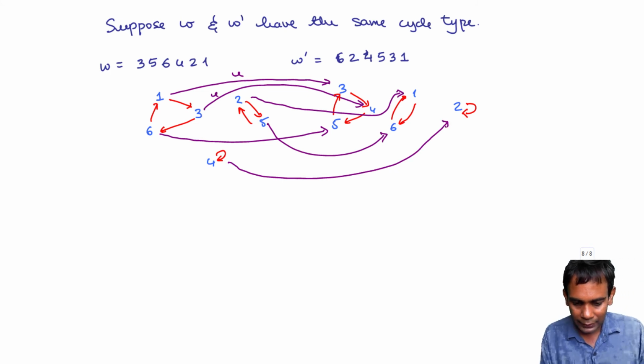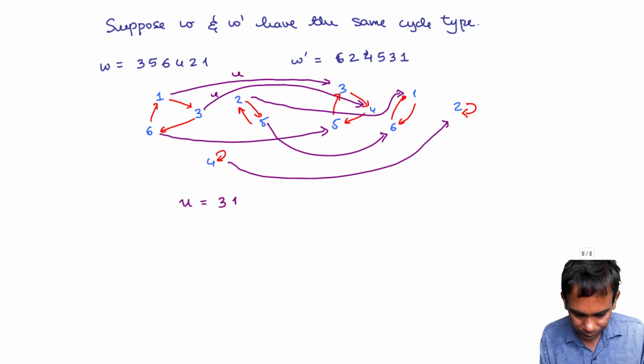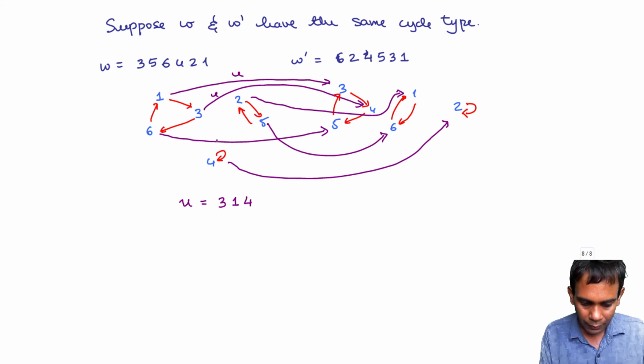So my u takes 1 to 3, 2 to 1, 3 to 4, 4 to 2, 5 to 6, and 6 goes to 5.